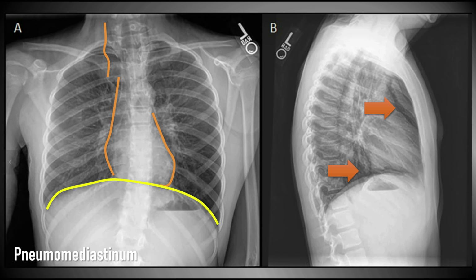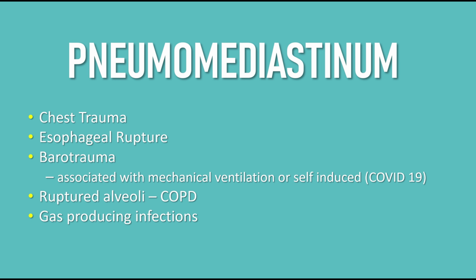This particular case was a patient who had pneumomediastinum following COVID-19. The causes of pneumomediastinum commonly are chest trauma, esophageal rupture, barotrauma associated with mechanical ventilation, ruptured alveoli that you see, for example, with COPD, and gas-producing infections.